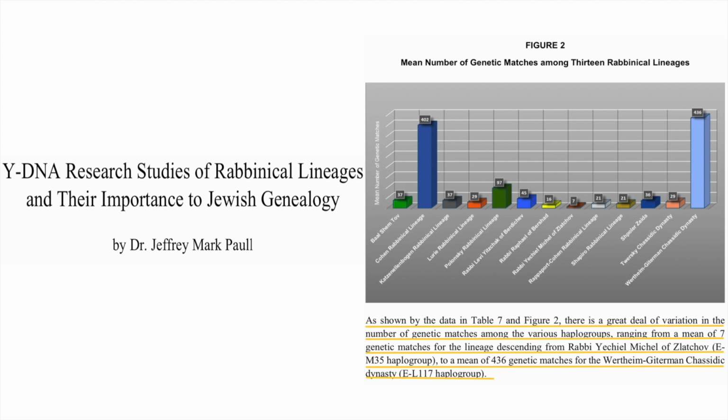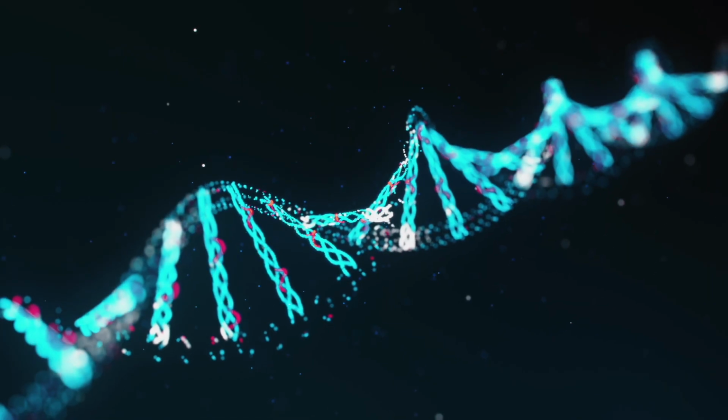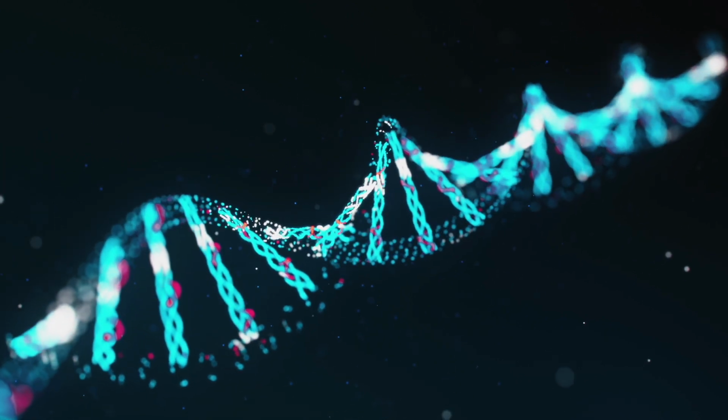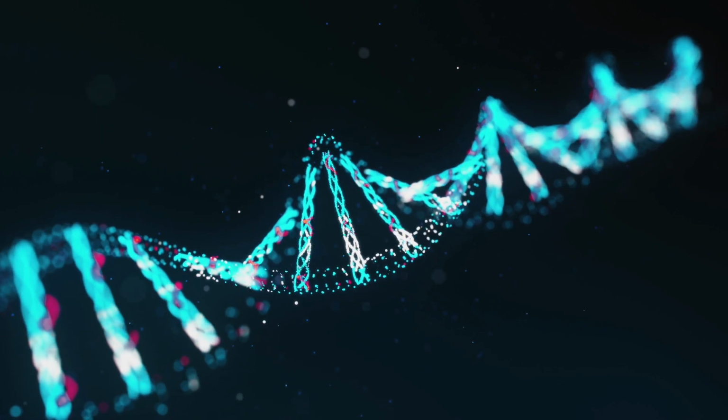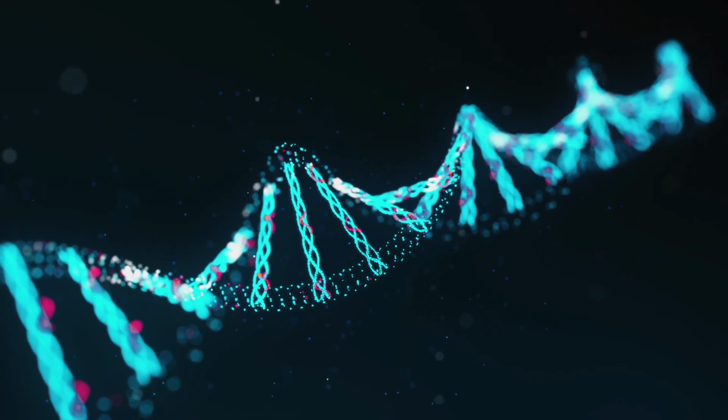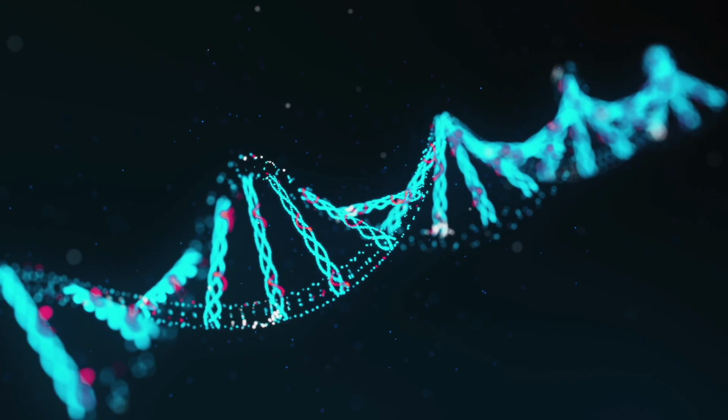E-L117 haplogroup. We might be able to even narrow down the specific subclade of E-M35 that Abraham could have been a part of by looking at Jewish populations with E-M35.